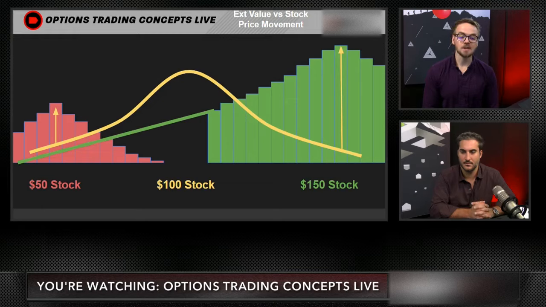Now, this also ties into AMC and GME, and why we saw a lot of people saying, AMC, GME, they're rallying, they're going crazy, we know that they're going to come down in price. But we saw people lose money buying out of the money put options.